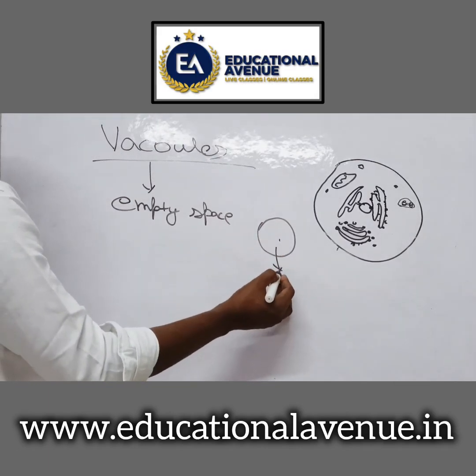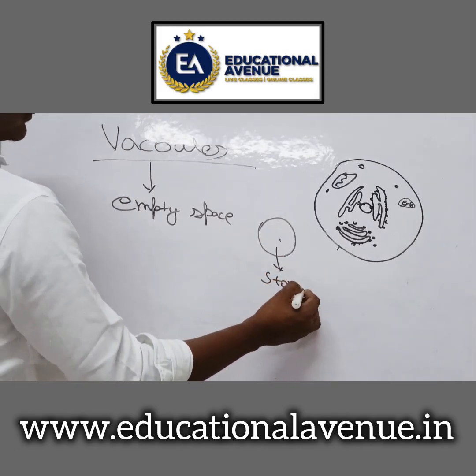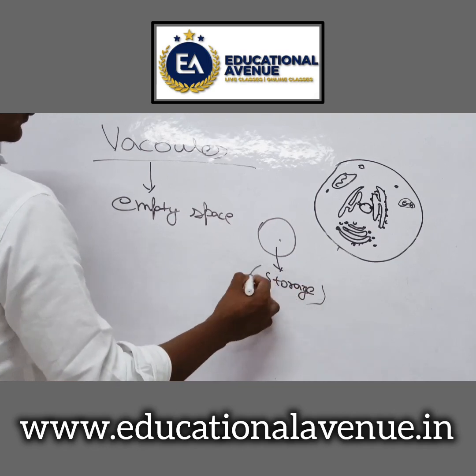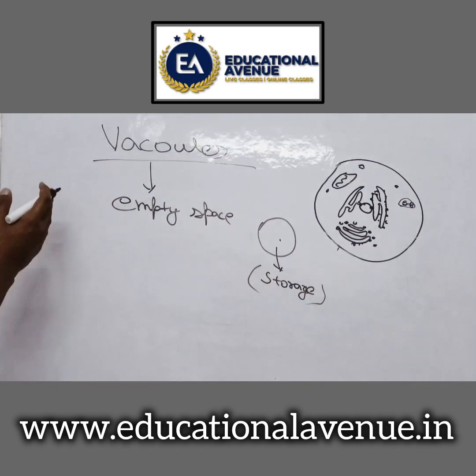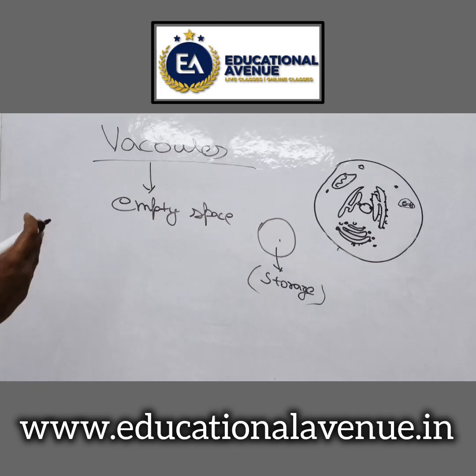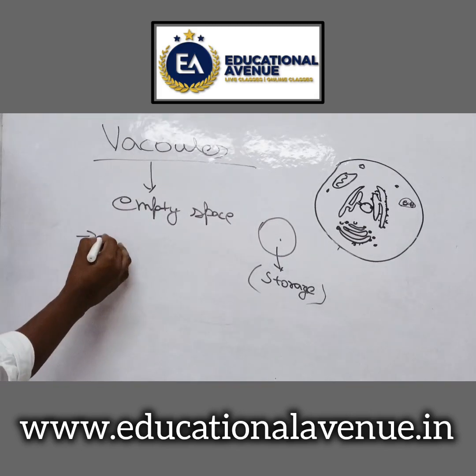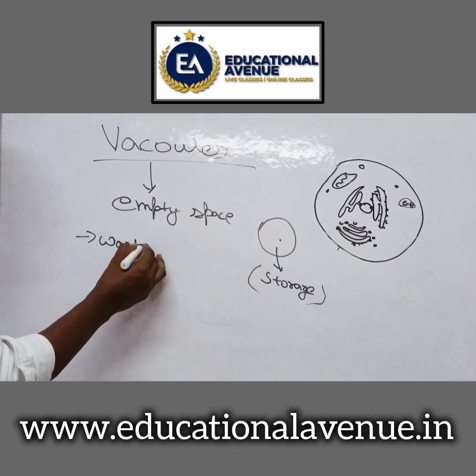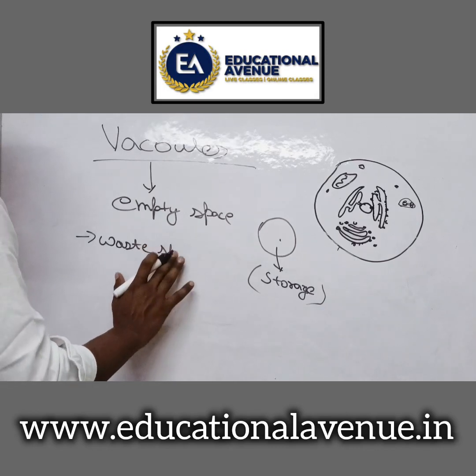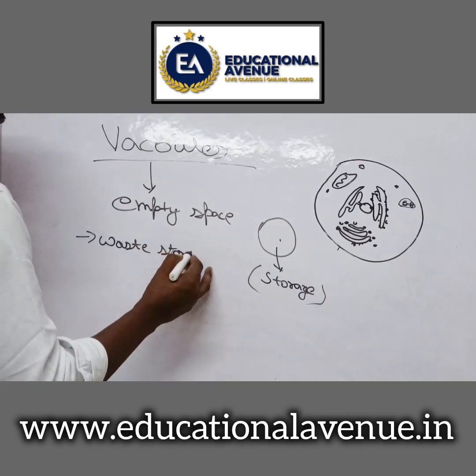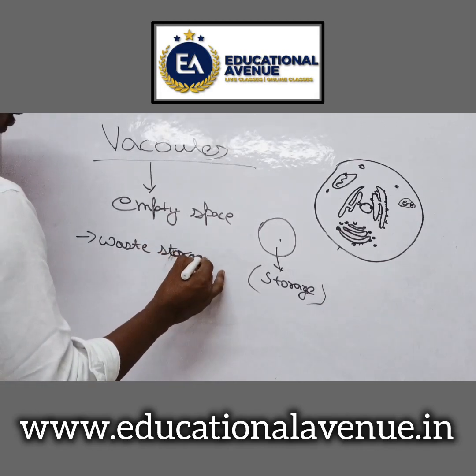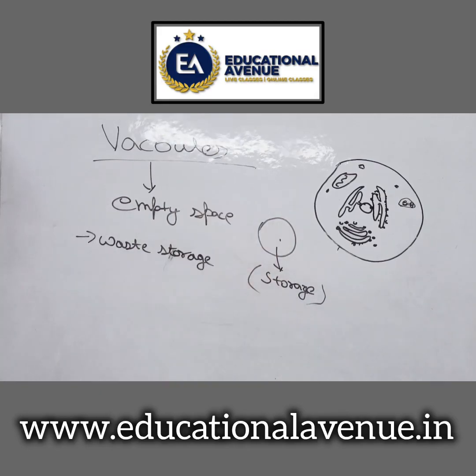This is for storage purpose. The main function of this vacuole is storage, like waste. Whatever waste of the cell is there inside the cell will get stored in these vacuoles.